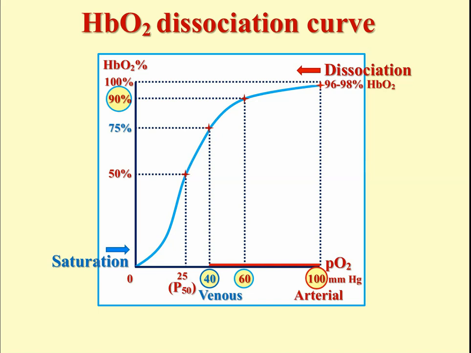Then venous blood goes into the lungs, and from 40 it turns back to 100. Correspondingly, the range of values of oxyhemoglobin content varies from almost 100 to 75. So normally venous blood contains 75% of the oxygen initially present in arterial blood.